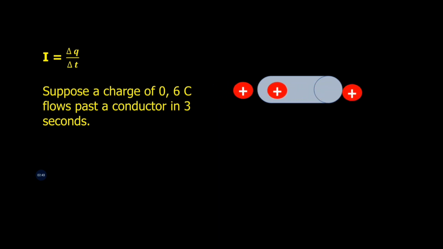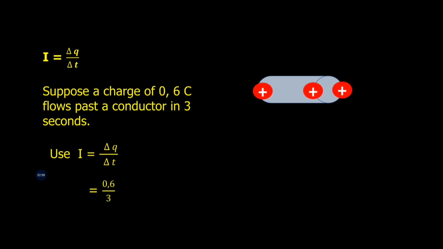What will the electric current be? Apply the equation I equals delta Q over delta T. We will get 0.6 over 3. The current in that circuit will be 0.2 amps.